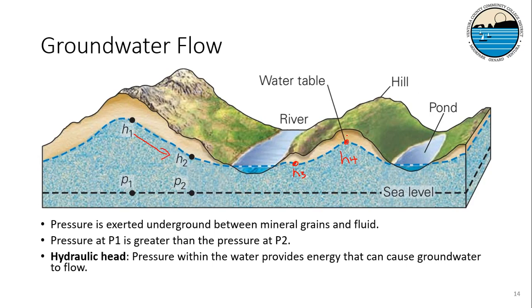And in this situation, between H4 and H3, we would expect the groundwater to move this direction because we have a greater pressure here and a lesser pressure here. Again, on this side, if this is H5, we would expect water to flow from H4 to H5.